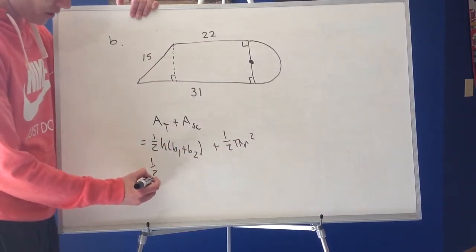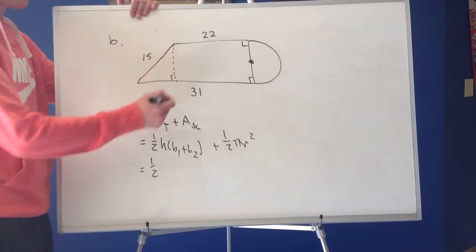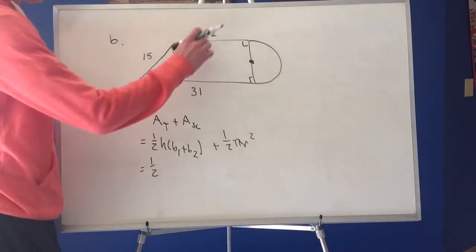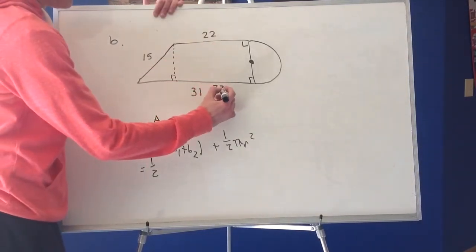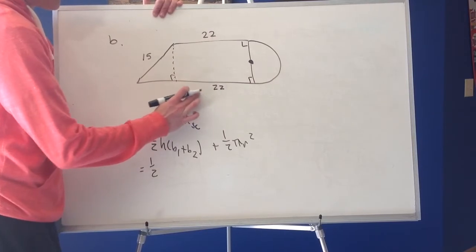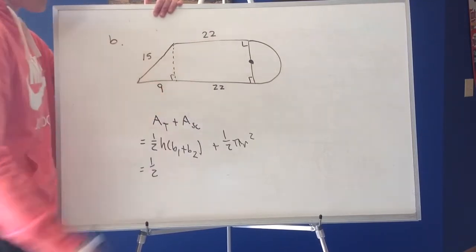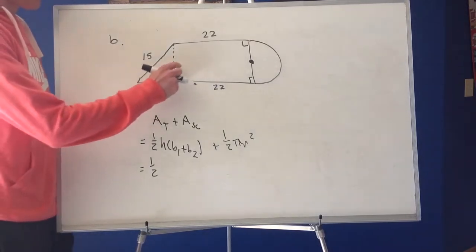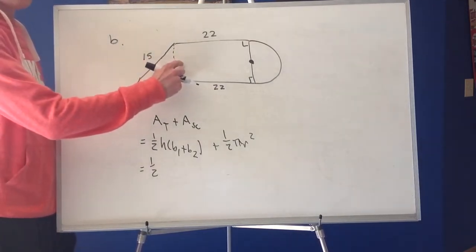If we look here, I don't know the height of my trapezoid, but I have to find it. We'll find it the same way we did earlier in the chapter. If this is 22, then this is 22, which since the whole thing was 31, leaves 9 left over here. I can now use my Pythagorean theorem to find my height.